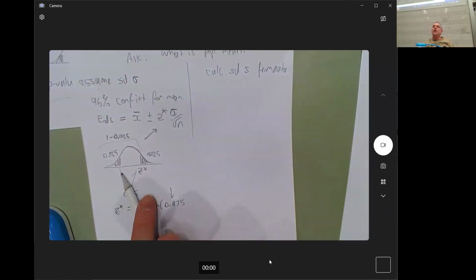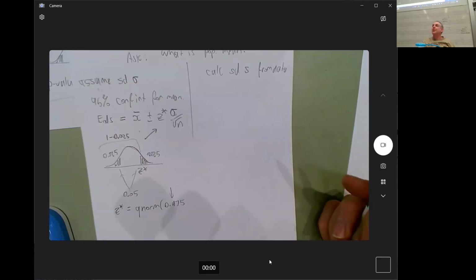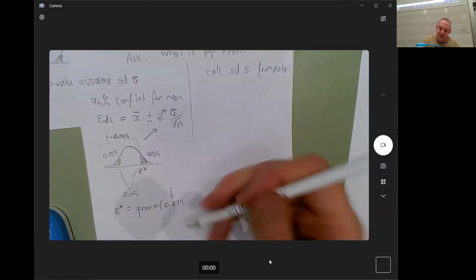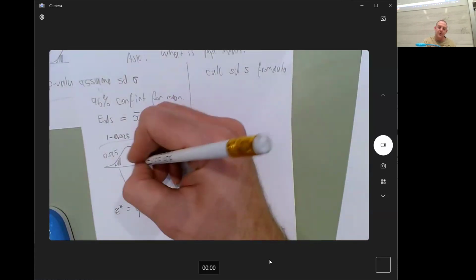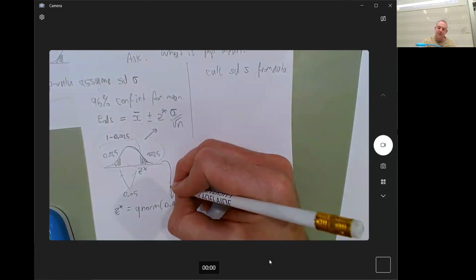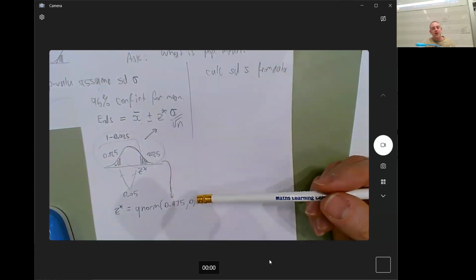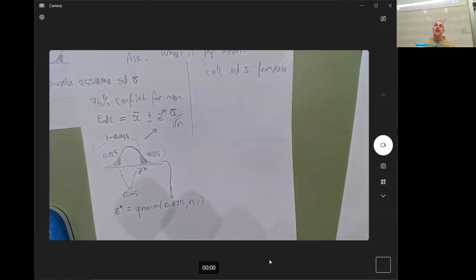You could figure out the negative one and just make it into a positive number. That would work too. So much better. So this will work. So all of this calculation is what produced that 975. And the reason it's 975 is because if there's 5% on either side, there must be 2.5% at the top, which leaves you with 97.5% at the bottom. That's why that calculation is there.